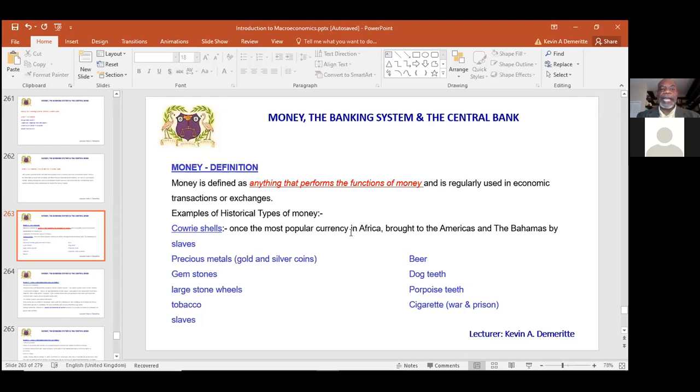Right? Money really is anything that does what money's supposed to do. Anything that performs the functions of money and is regularly used in economic transactions, we call that money. It doesn't have to be specie or paper notes.